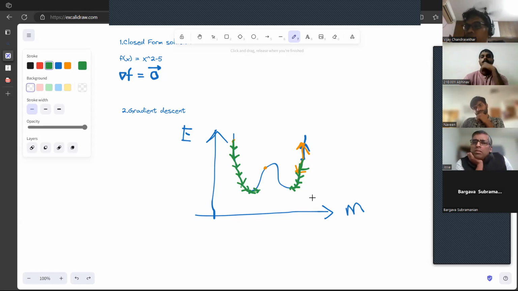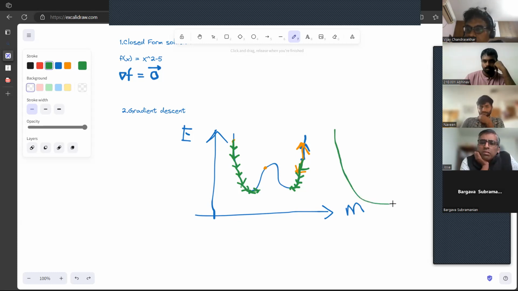Now, just one point there. Abhinav, can you draw a typical convex function? Exactly. Now, when you have a convex function like this, it doesn't matter where you start. Abhinav, take a point to the left, keep coming down. Draw a bunch of vectors.